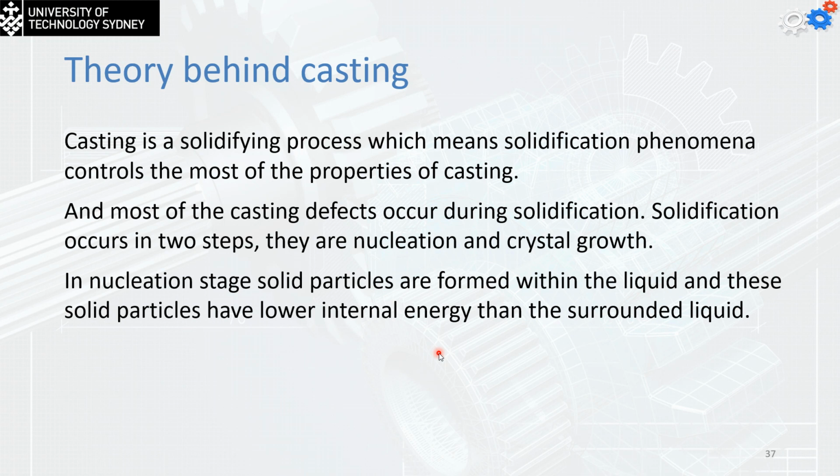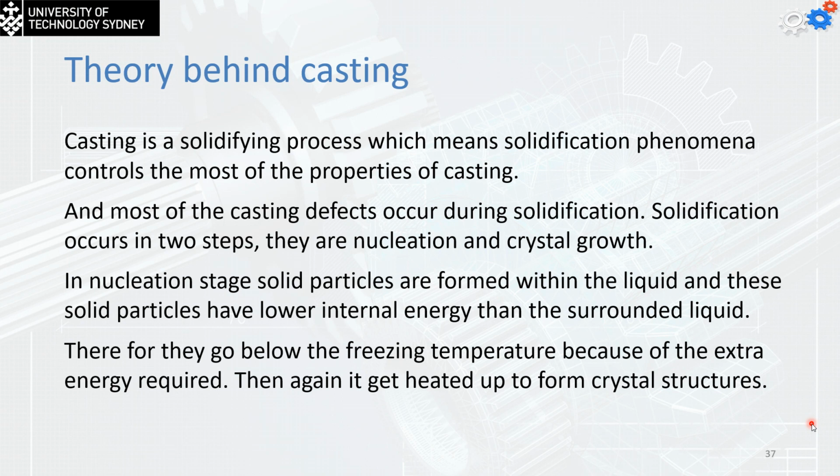In the nucleation stage, solid particles are formed within the liquid, and these solid particles have a lower internal energy than the surrounding liquid. Therefore, they will go below the freezing temperature because of the extra energy required. And then again, it's going to get heated up to form the crystal structure.